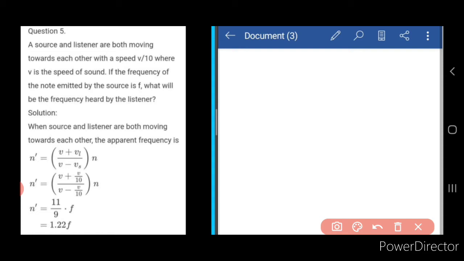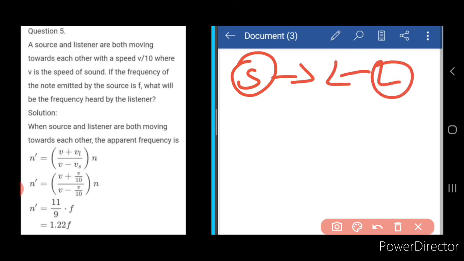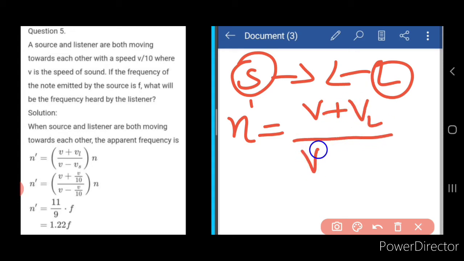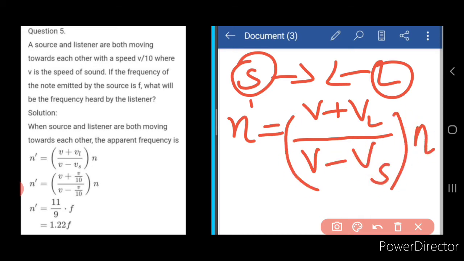Now here the source and the listener are moving towards one another, isn't it? So what will be the frequency? Here we know the formula, n dash is equal to V plus Vl, that is the listener's velocity, divided by V minus Vs into the frequency of the source, right?